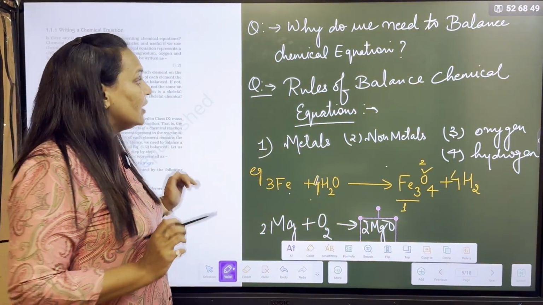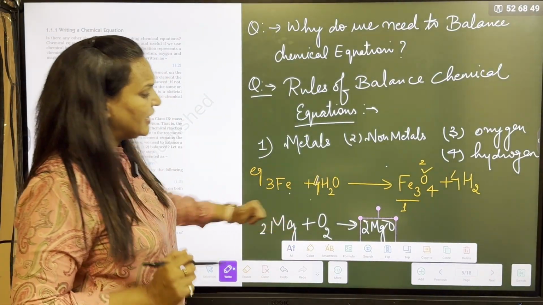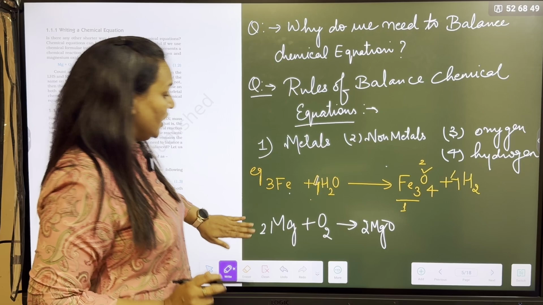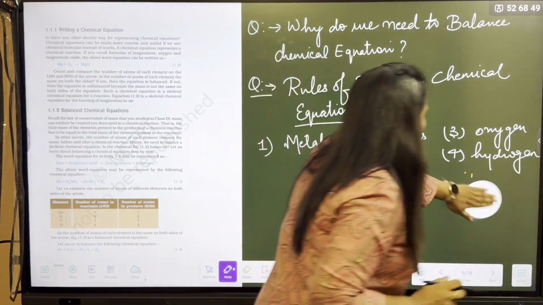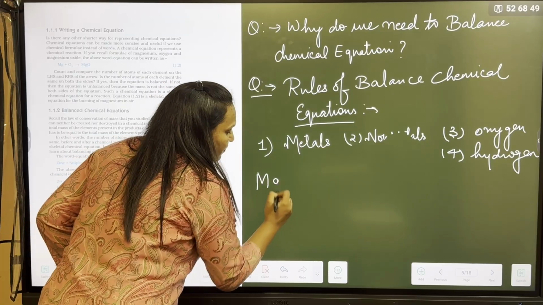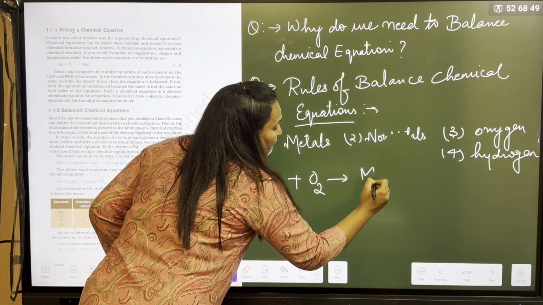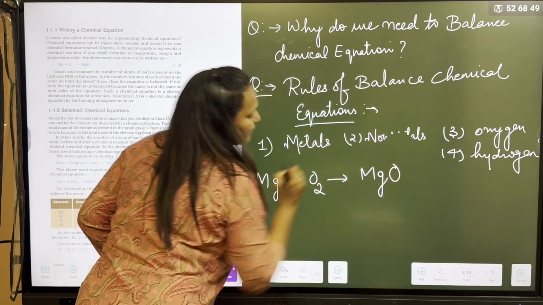For example, we are taking a very simple example, magnesium plus oxygen. I will erase it and I will show you. See, magnesium plus oxygen. When magnesium burns in air, it forms magnesium oxide.